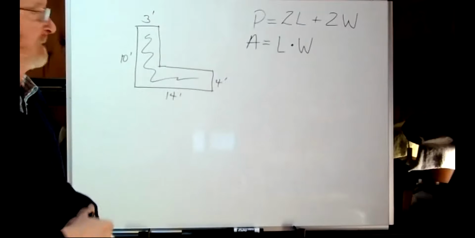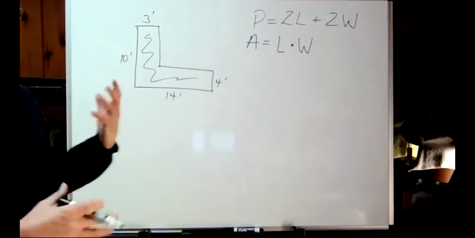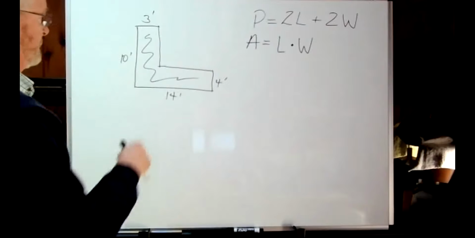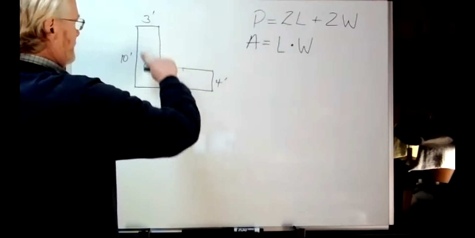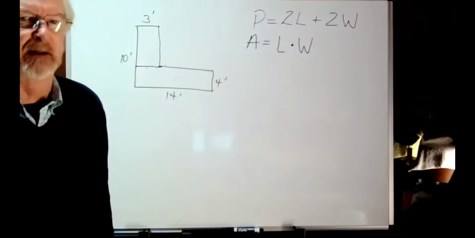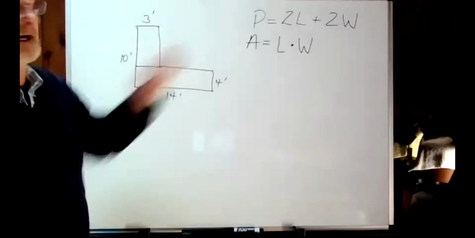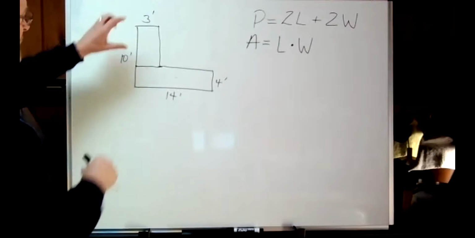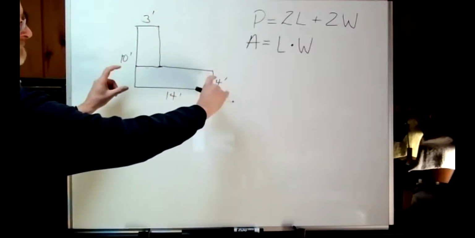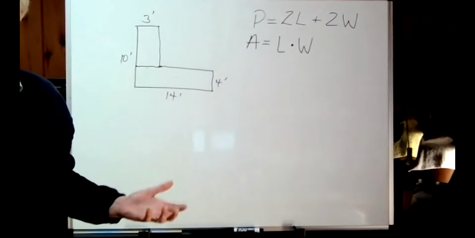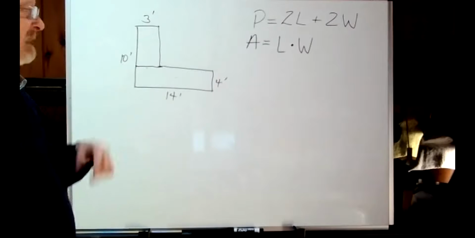What's that area? Well, I kind of need to break this into 2 parts. There's a couple ways to approach it, but I want to make 2 rectangles out of it and do my area twice. That's one way to do this. So I made a small rectangle here and another rectangle here. Now what are the dimensions of those 2 little rectangles?